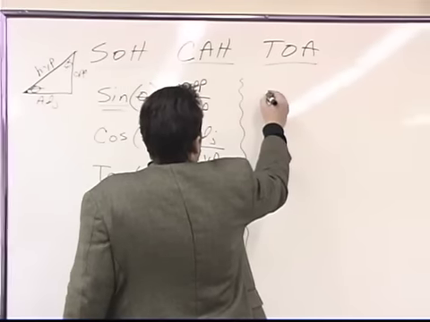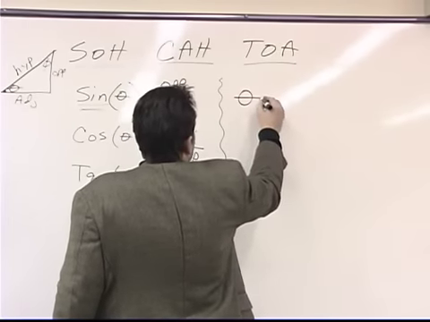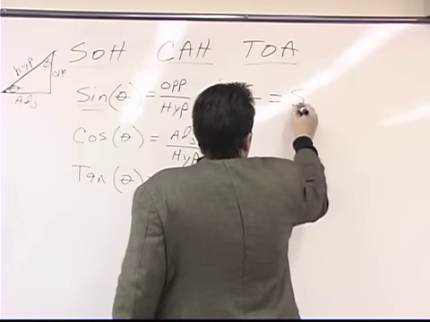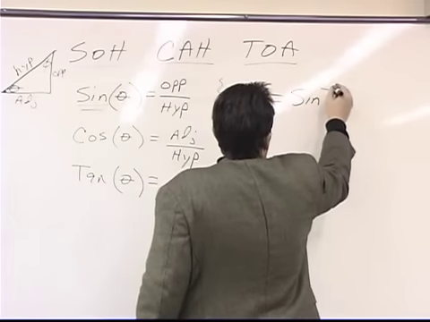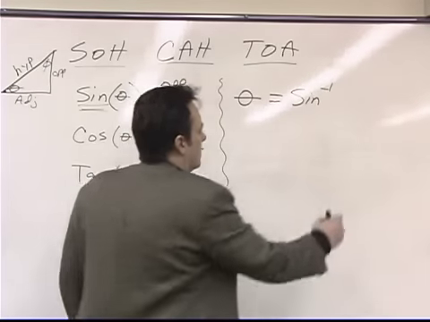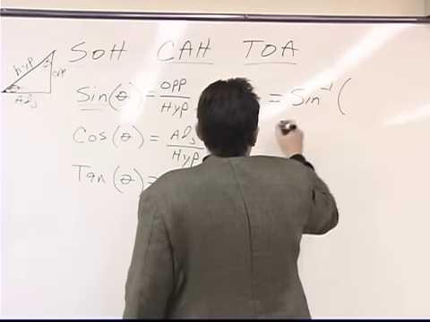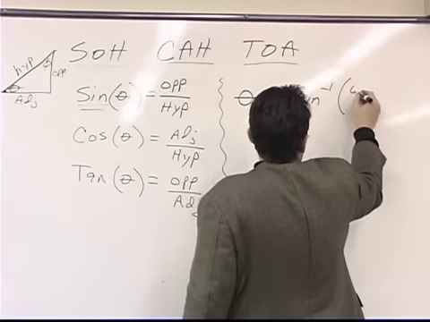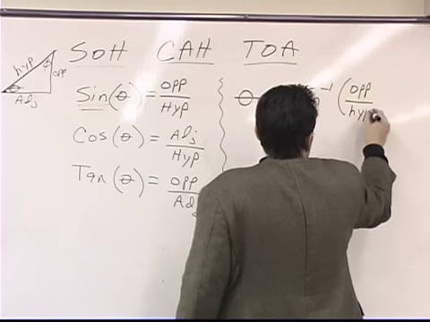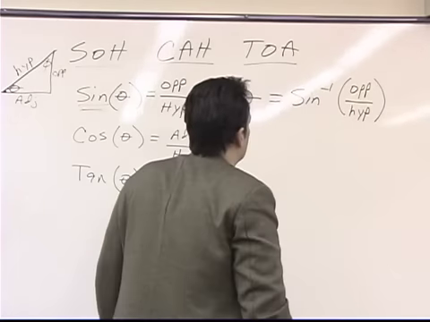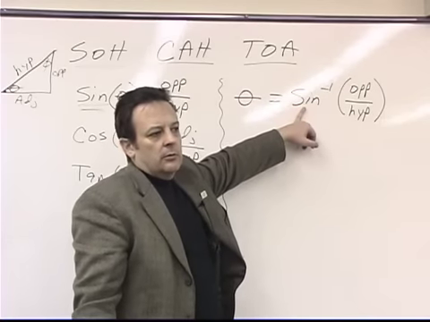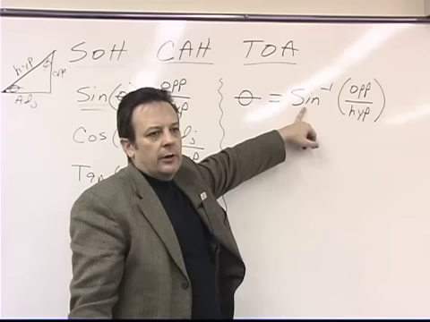The angle itself, theta, is equal to the inverse sine, also known as the arc sine, of that same ratio, opposite over hypotenuse. This right here, another button on your calculator.